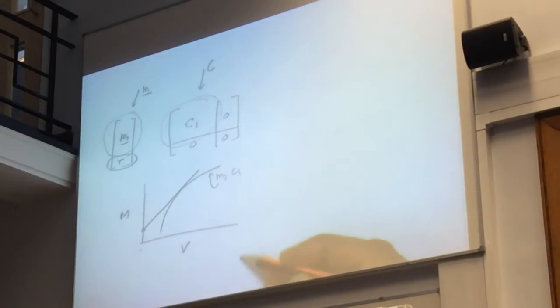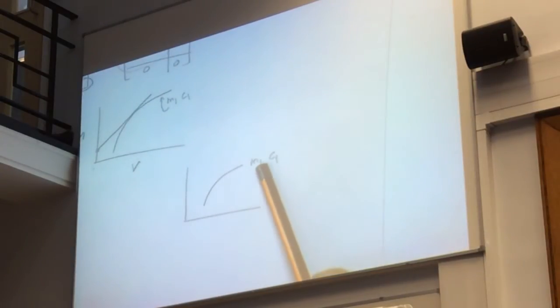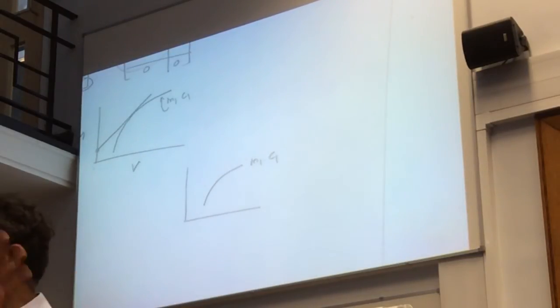Because if we think about this one with M1, C1, are you happy with what I'm drawing? That's my efficient frontier with only the risky assets, only the stocks, which is what we have been drawing so far.